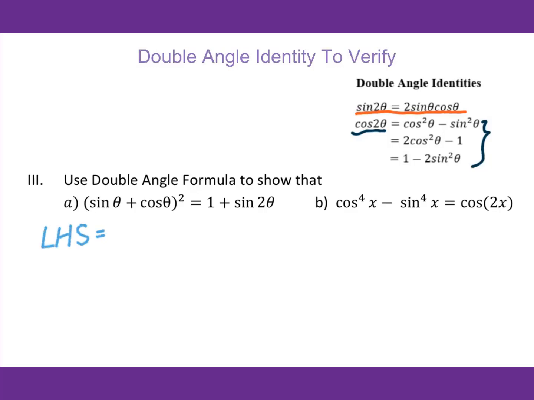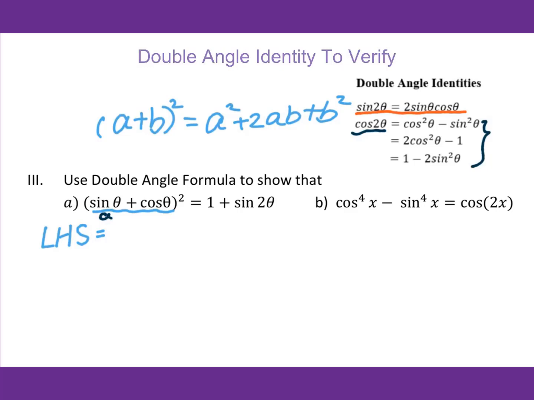Left-hand side equals. This is the one we squared. That means (A plus B) squared, we have A squared plus 2AB plus B squared. Therefore, this is A, this is B. I got sine squared theta plus 2AB, which means 2 sine theta cosine theta, plus cosine squared theta.